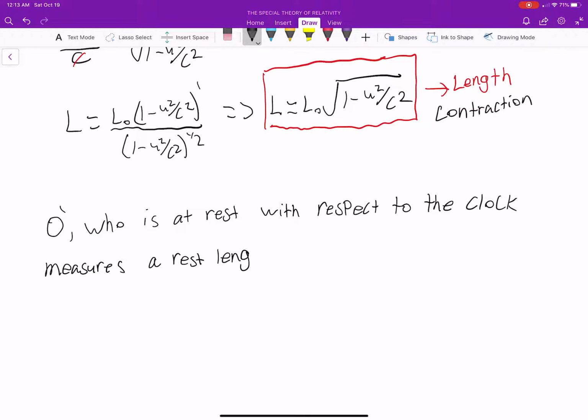A rest length, L naught, or proper length, kind of like we had proper time, proper length.